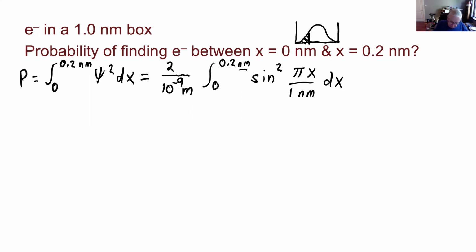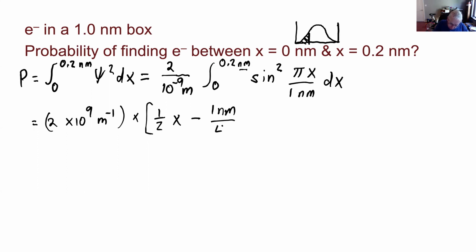That's going to give me my piece in front, which is 2 times 10 to the 9th inverse meters, and that's going to be multiplied by that integral. That integral happens to be 1/2 x minus 1 nanometer over 4 pi sine of 2 pi x over 1 nanometer.